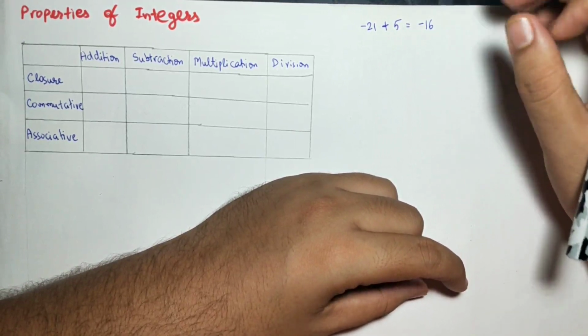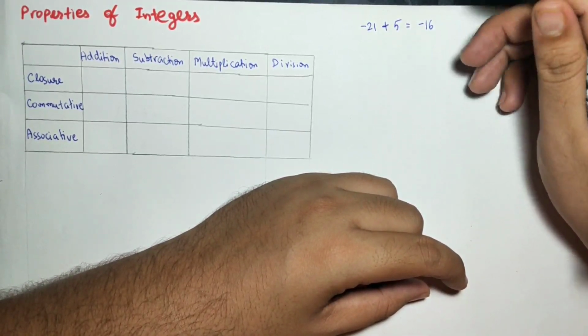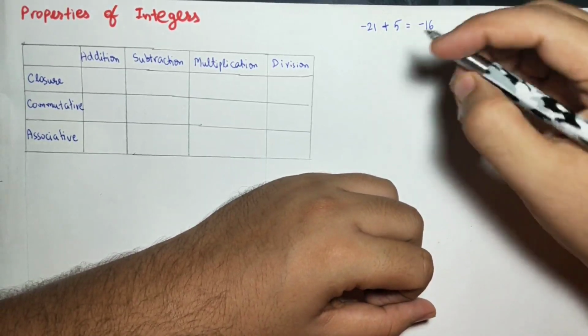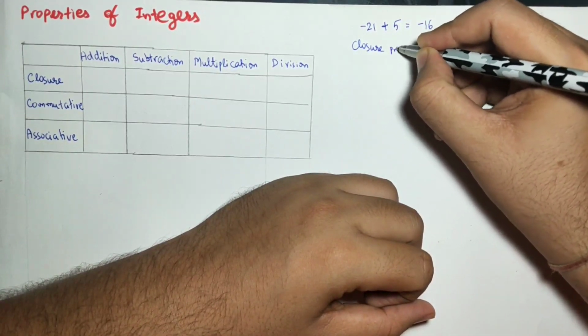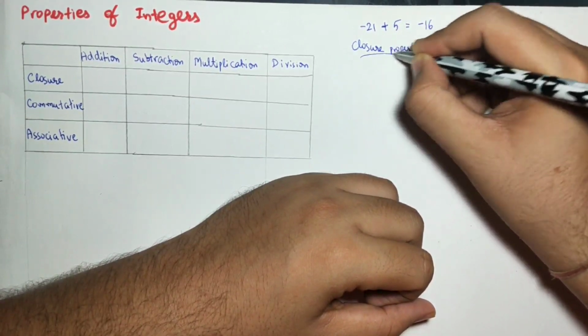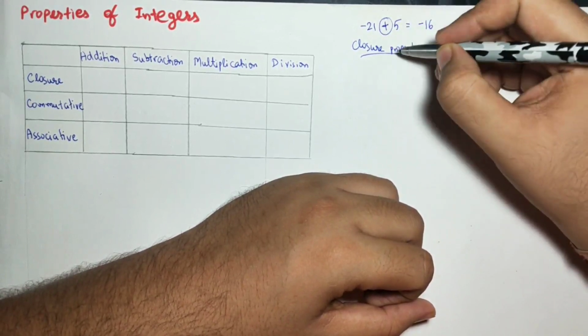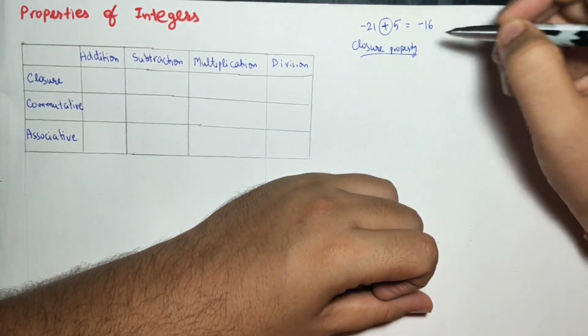Likewise, if you take any two integers, the answer which you get will always be an integer. This property is known as closure property. And as we have performed addition between the two integers, this is known as closure property over addition.